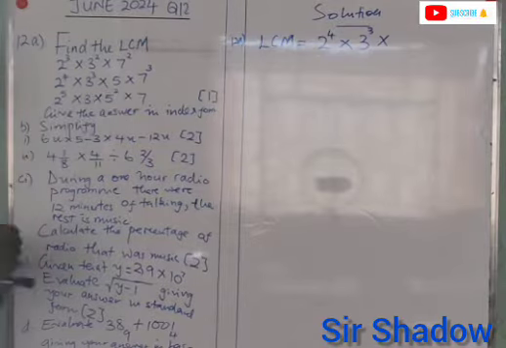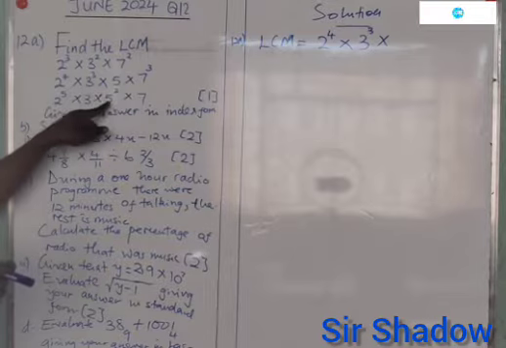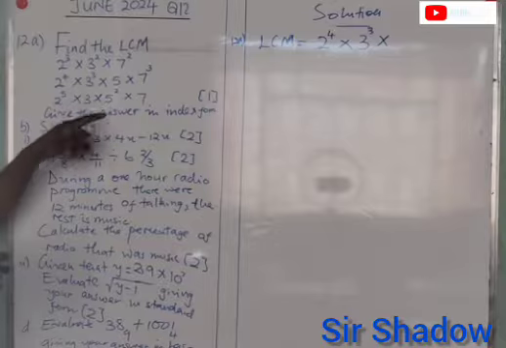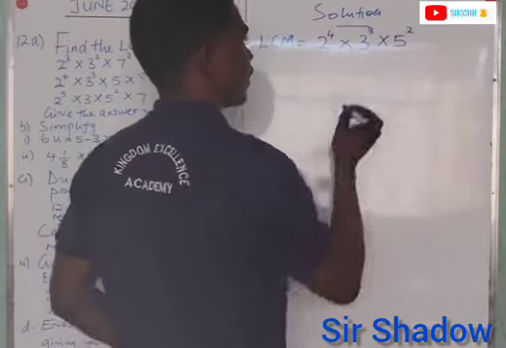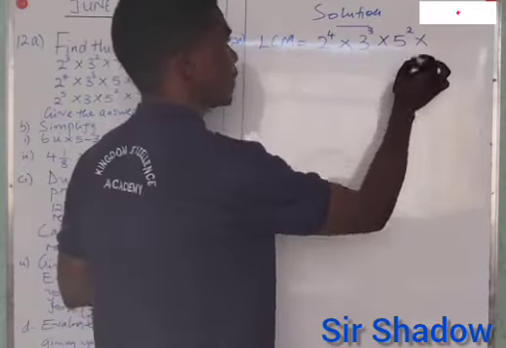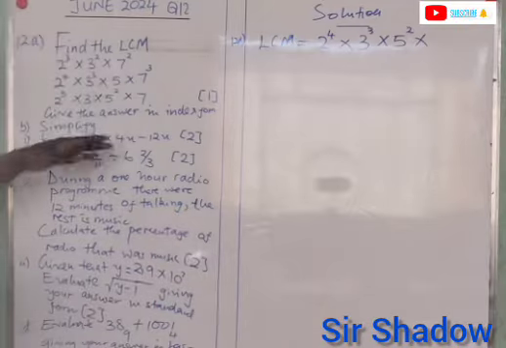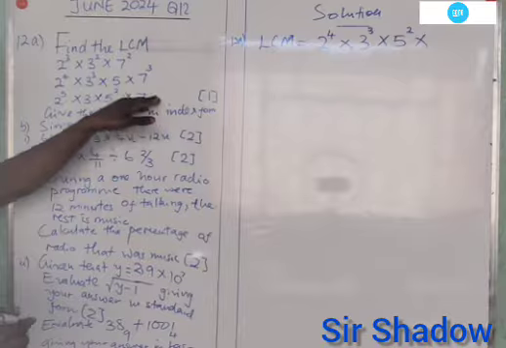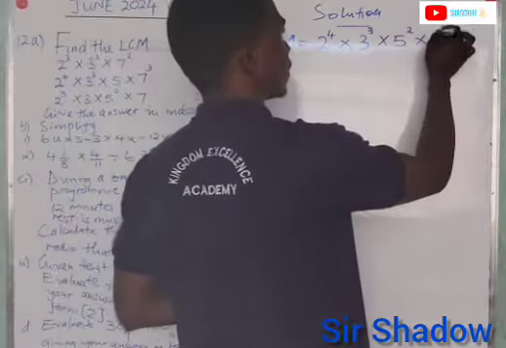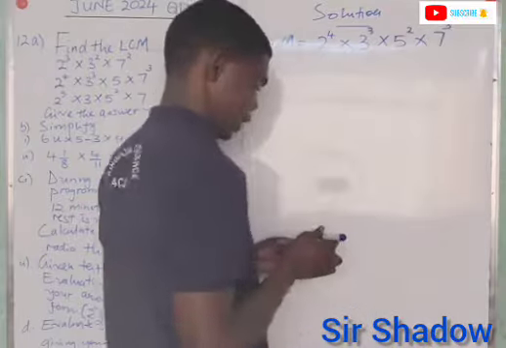We have 5 to the power 1 and 5 to the power 2, so it is 5 to the power 2. Then multiplied by the fourth value, 7, with the highest power, which is 7 to the power 3.